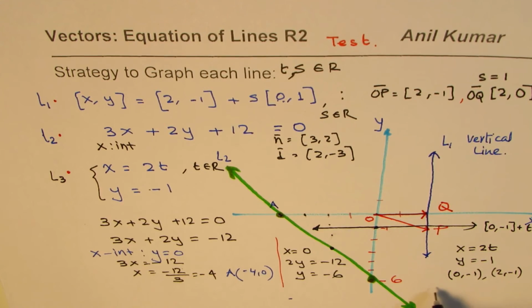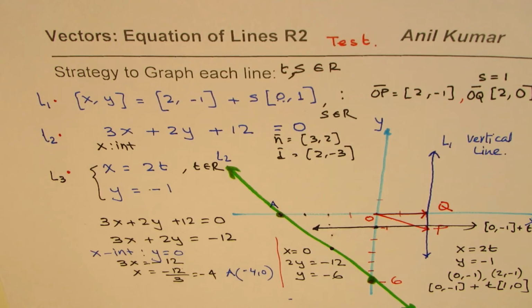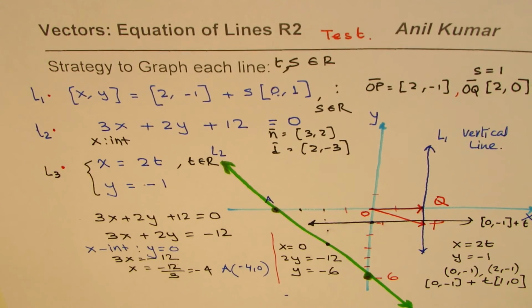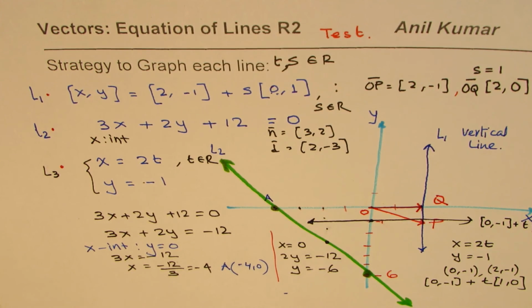Let me rewrite this equation, which is (0, minus 1) plus t times (1, 0). Okay, so that is the vector equation. But anyway, I hope you understand and appreciate how to represent vertical and horizontal lines in vectors and how to sketch them.